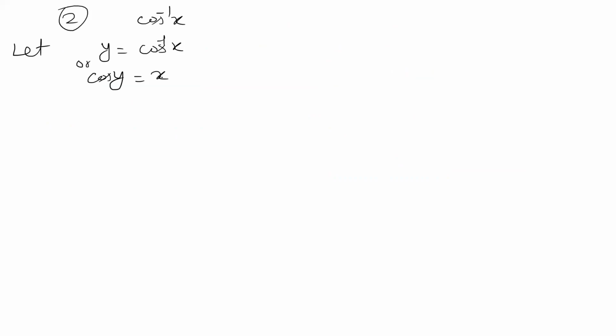This way we can also write. In the earlier question I did the same thing. So y is equal to cos inverse x, and here cos y is equal to x. Then what do we need to do? Take the derivative.